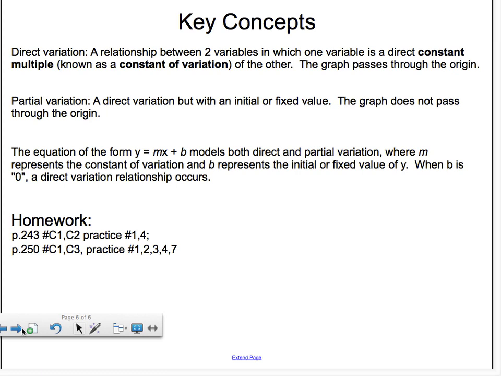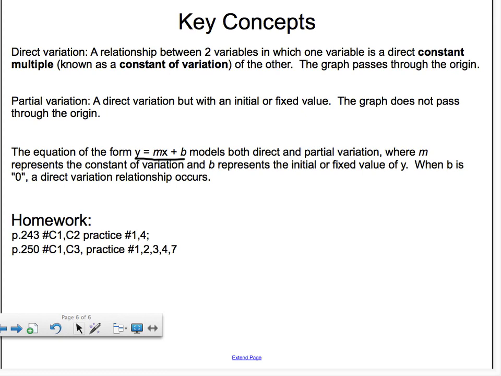So finally, the equation of the form y is equal to mx plus b models both direct and partial variation, where m represents the constant of variation.